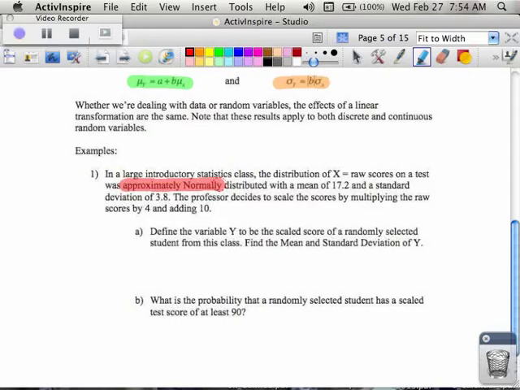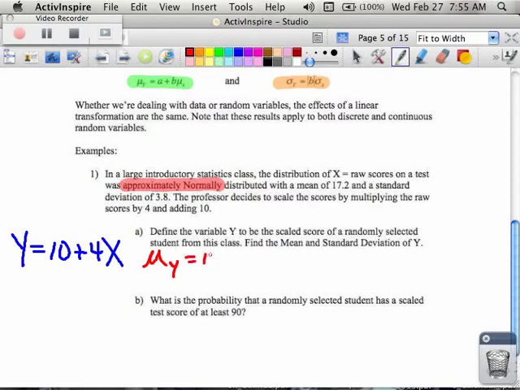And we're going to find the mean and the standard deviation. So if we define it, we would say that y is going to be equal to a, which is whatever we're adding, plus bx, and the x is the event of the raw scores, and the y would be the new scores. After we do that, we know that the mean of y does the same kind of thing that the equation would do for us.